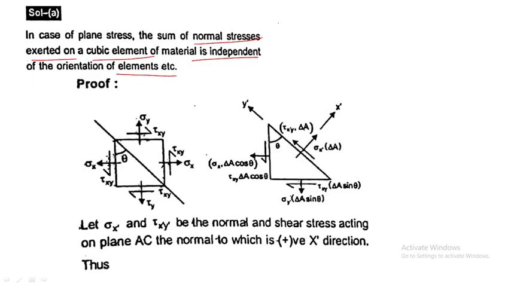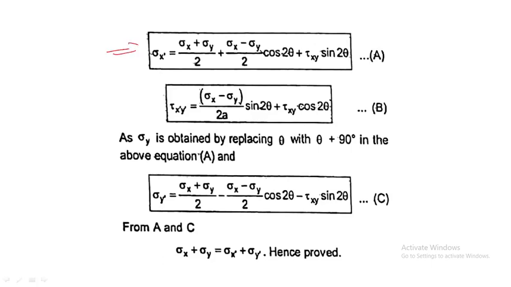So this is the question they have given. Sigma x and tau xy are the normal and shear stresses acting on the plane AC, normal to which is the positive x direction. So what we have to do: sigma x dash is equal to sigma x plus sigma y by 2 plus sigma x minus sigma y by 2 cos 2 theta plus tau xy, the shear stress in xy, sin 2 theta.